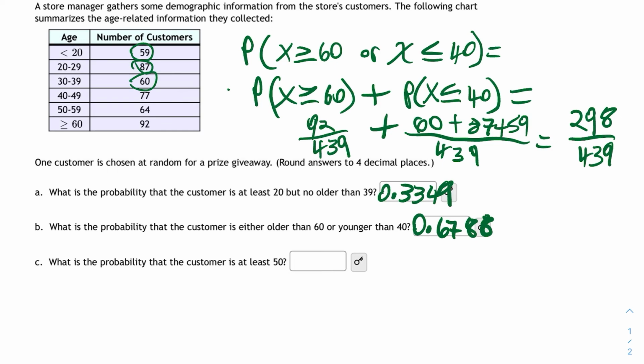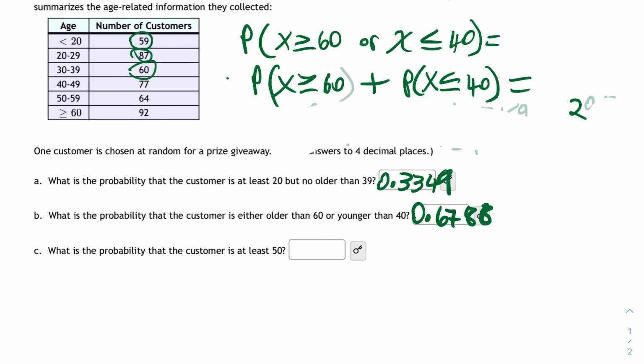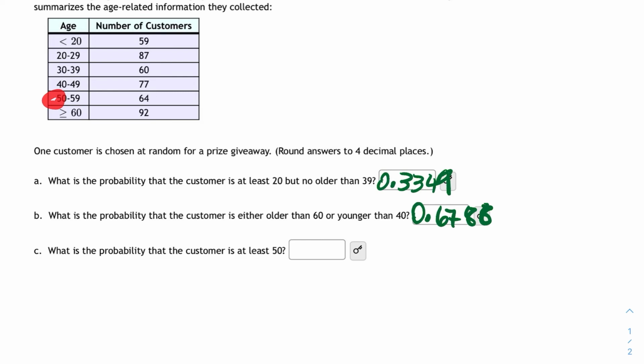Okay, and the last one, what is the probability that the customer randomly selected is at least 50? At least 50 means 50 or more. Here's where 50 begins. To be in this category, you have to be at least 50, but we also want everybody above that too. So we're talking about that 64 and that 92.